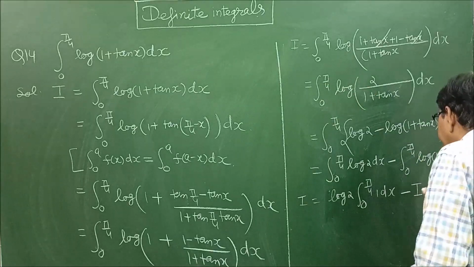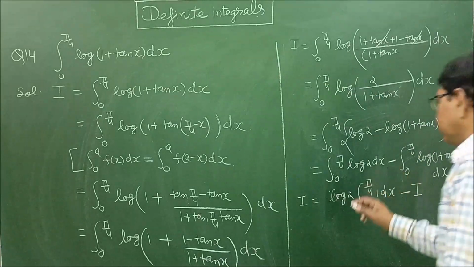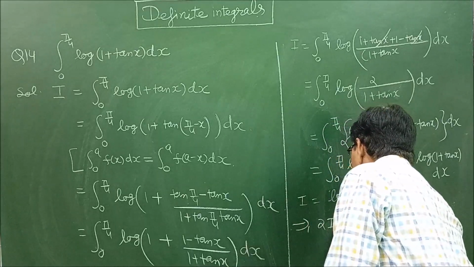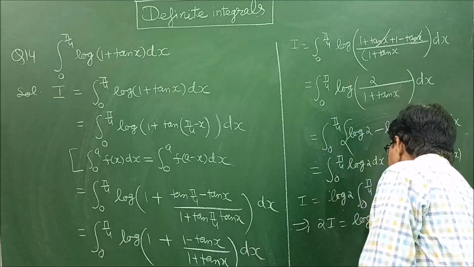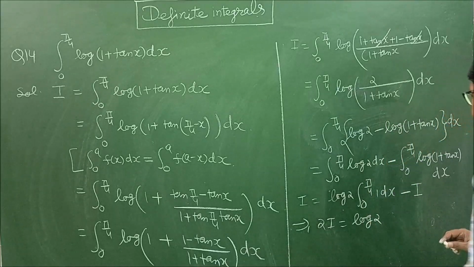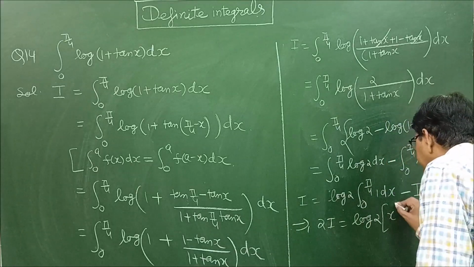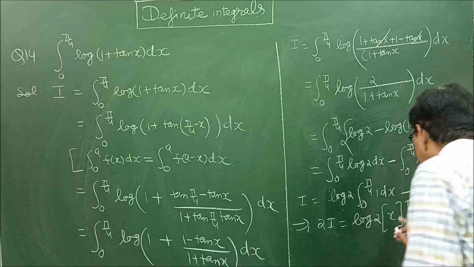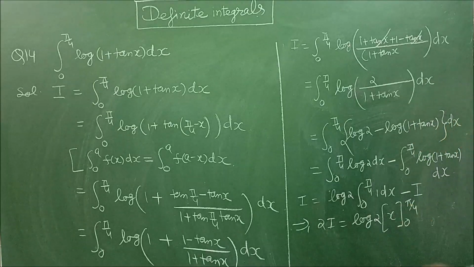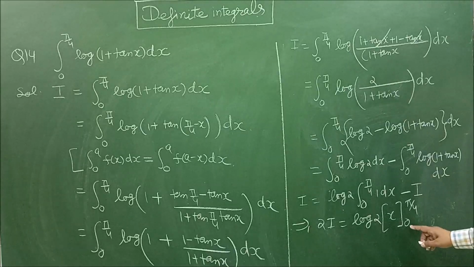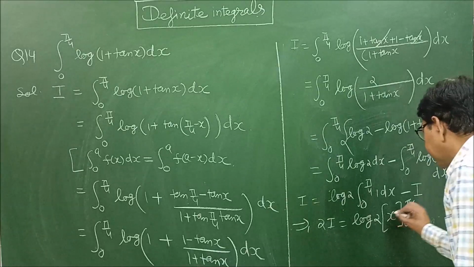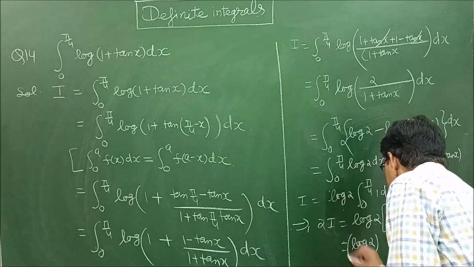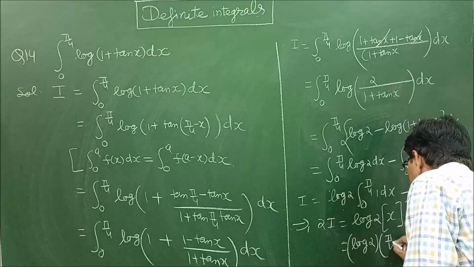So transposing this I to the other side, 2I is equal to log 2 times the integration of 1, that is x, from 0 to pi by 4. Now applying the limits here, putting the value pi by 4 and then putting 0 and then subtracting, we get log 2 into (pi by 4 minus 0).